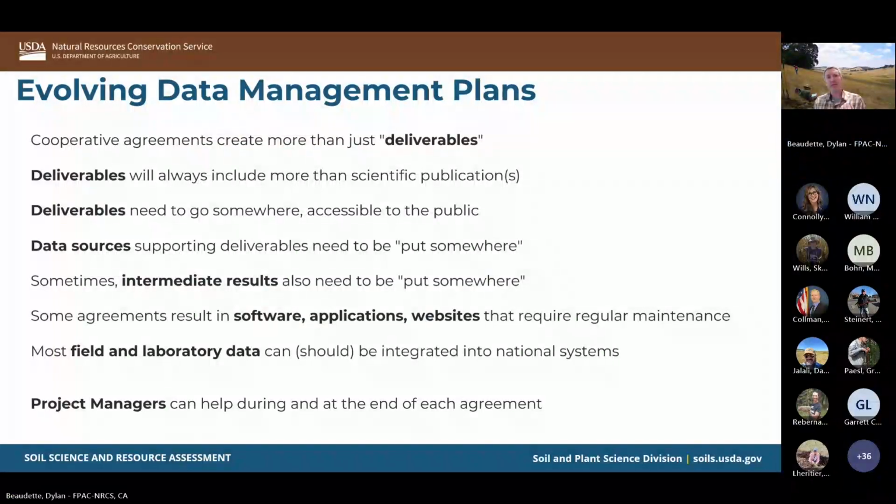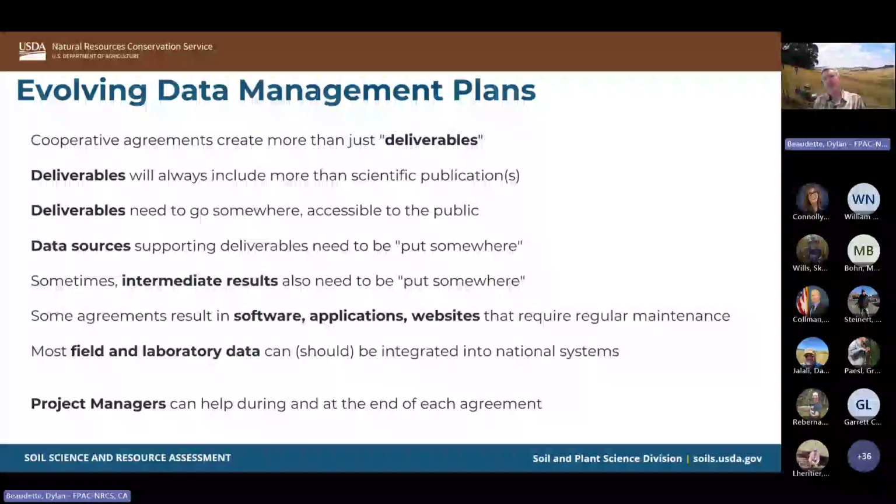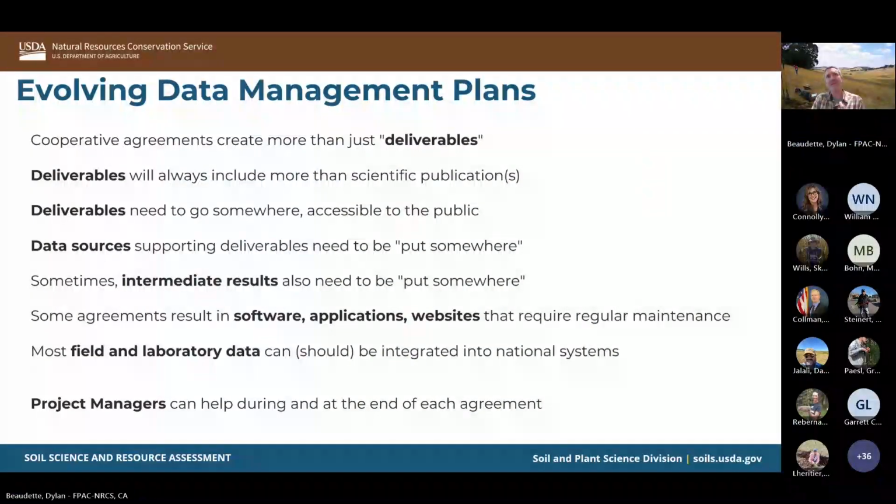But I wanted to make it very clear that cooperative agreements result in far more than just deliverables, right? A big component of all of these agreements involves education. At universities, it involves mentoring graduate students.